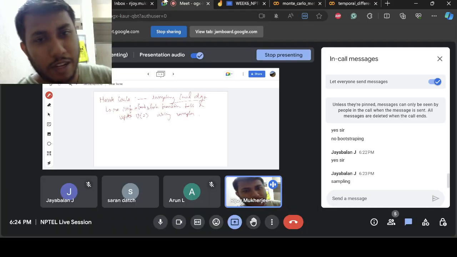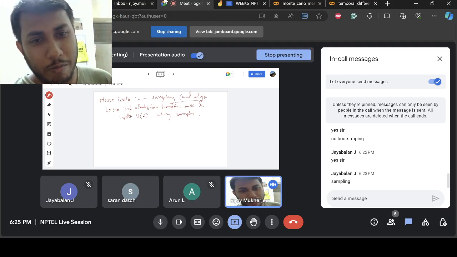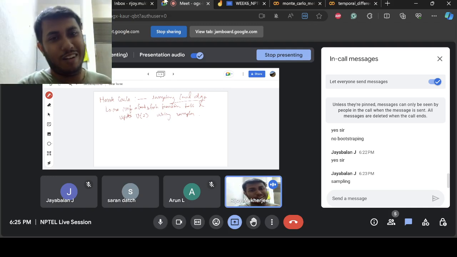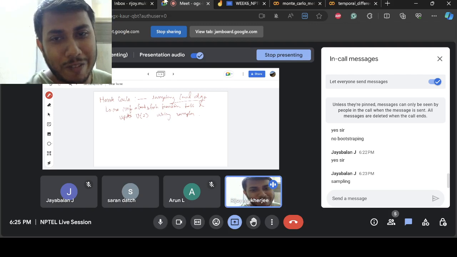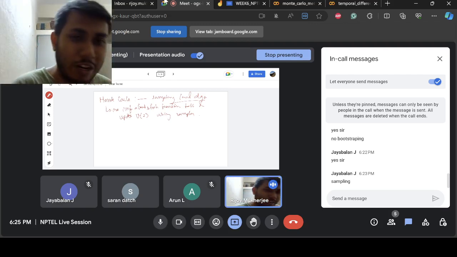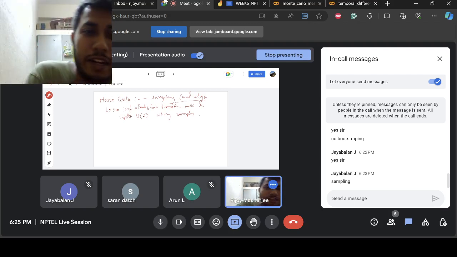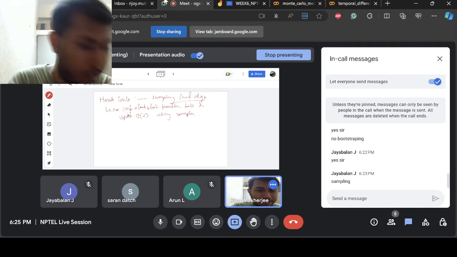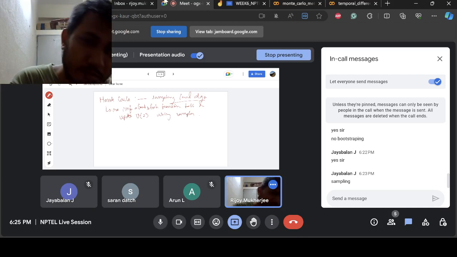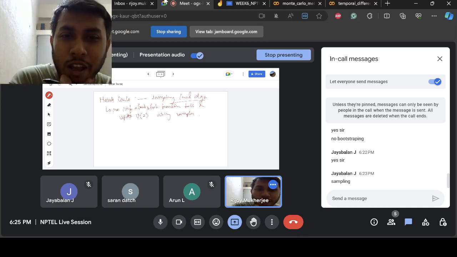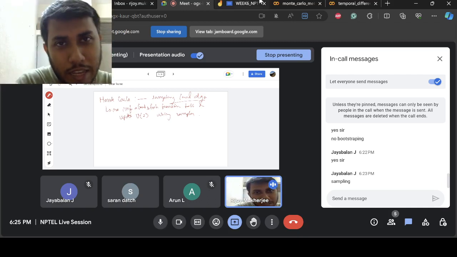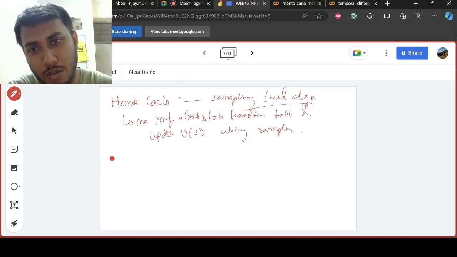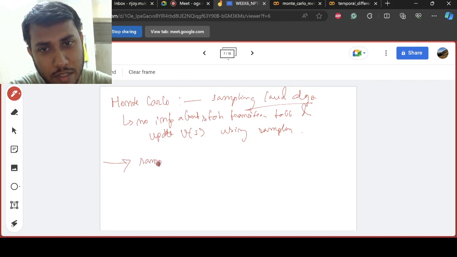Now again, let's come back to those terms: policy improvement, policy iteration. How in Monte Carlo are you doing the policy evaluation? The logic is that you sample, as the name suggests, an episode.